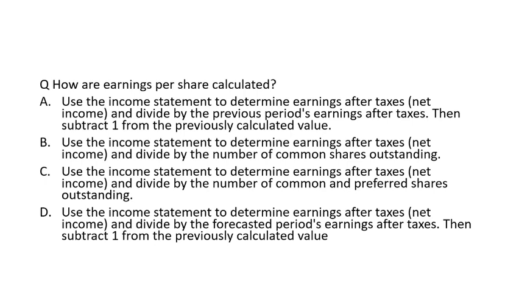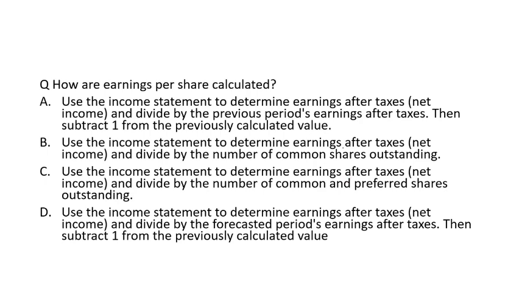Then use the income statement to determine the earnings after taxes, net income, and divide by the number of common stock and preference stock outstanding. And use the income statement to determine the earnings after taxes, net income, and divide by the forecasted period's earnings after taxes, then subtract 1 from the previously calculated value.